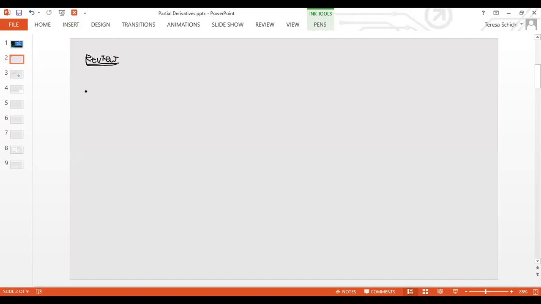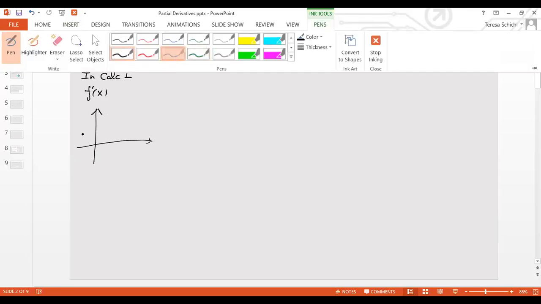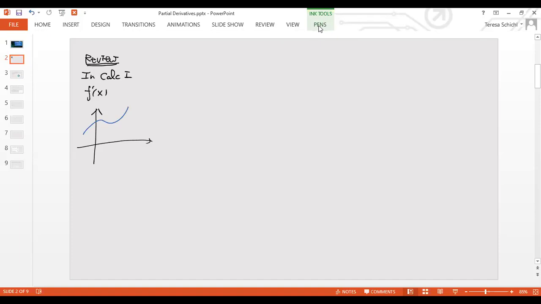Like in Calculus 1, when we talk about the derivative f prime of x, this is your function f of x, and then you have x here, and x plus h here. So we try to find the derivative here.